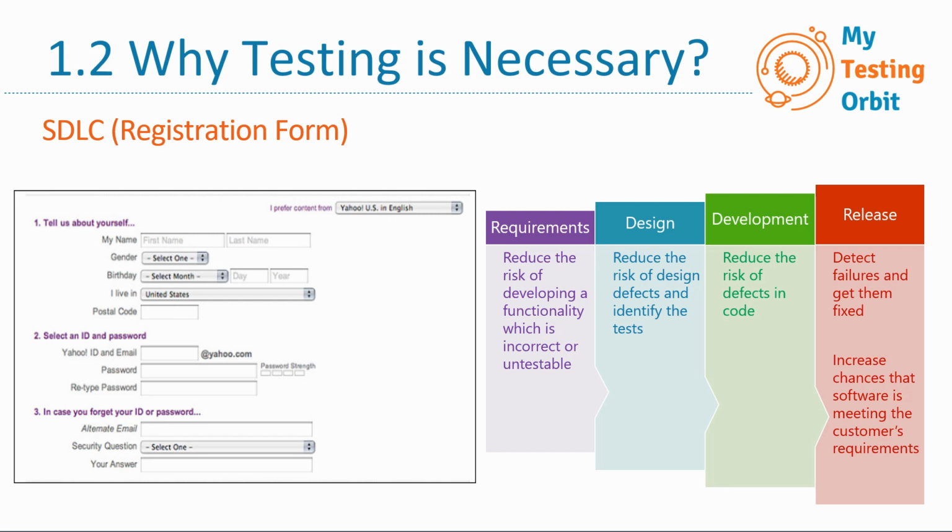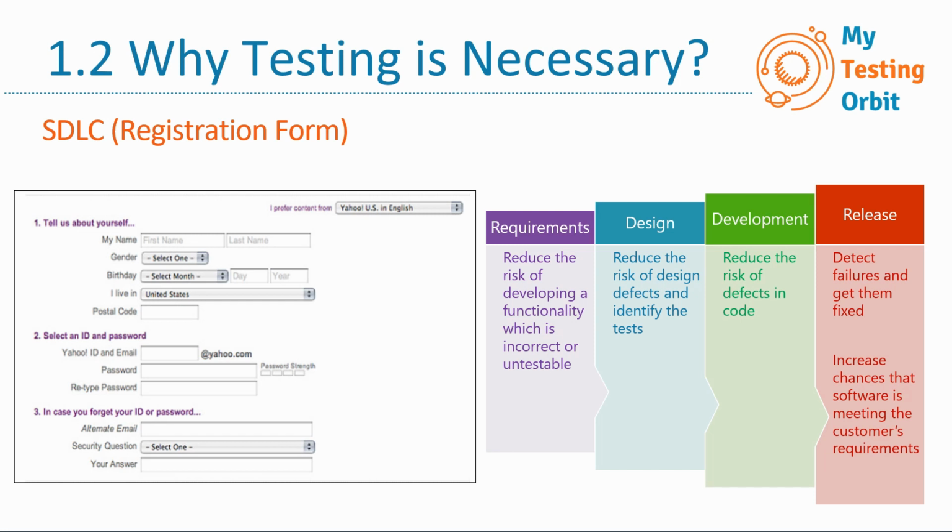And finally, in the release phase, we detect failures and get them fixed. It also increases the chances that the software is meeting the customer's requirements. Here we are actually executing the tests which we identified and designed earlier.